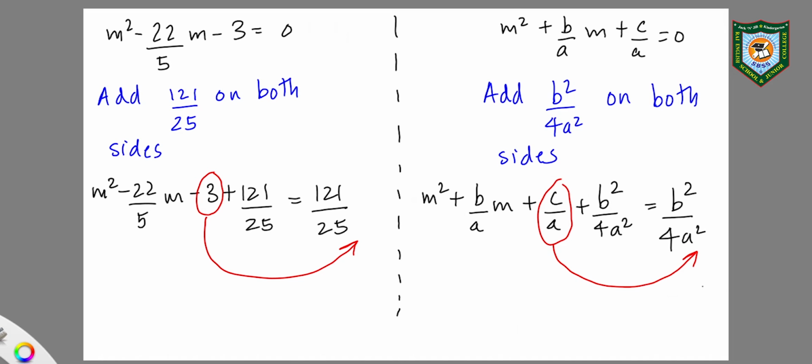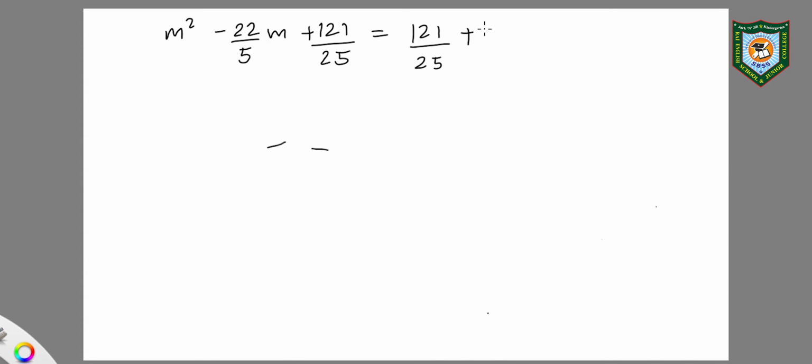So I need to move my constant value to the right hand side. So I'll get m square minus 22 by 5m plus 121 divided by 25 is equal to 121 divided by 25 plus 3.